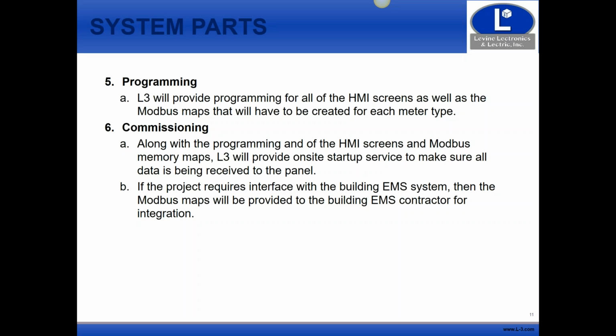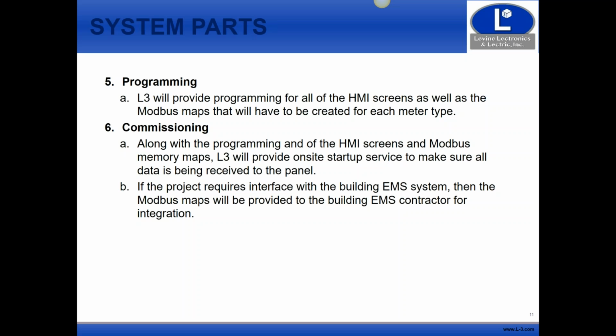And then the last part is, if the requirement was there for us to interface with the building EMS, then we will provide the addressing and the Modbus maps for our system. So again, we are converting over from Modbus serial to the building EMS system, usually over BACnet.